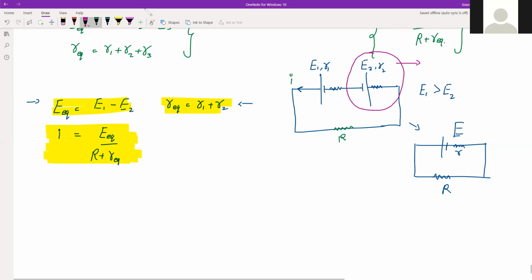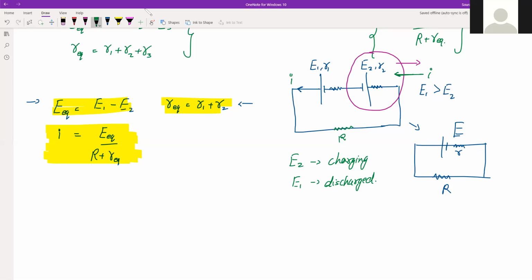But what is happening right now? Current is flowing in this direction. Because current is flowing in the opposite direction of the cell, we say that this cell is getting charged. So E2 is charged and E1 is getting discharged or used. Obviously, the equations for V1 and for V2 will be different.